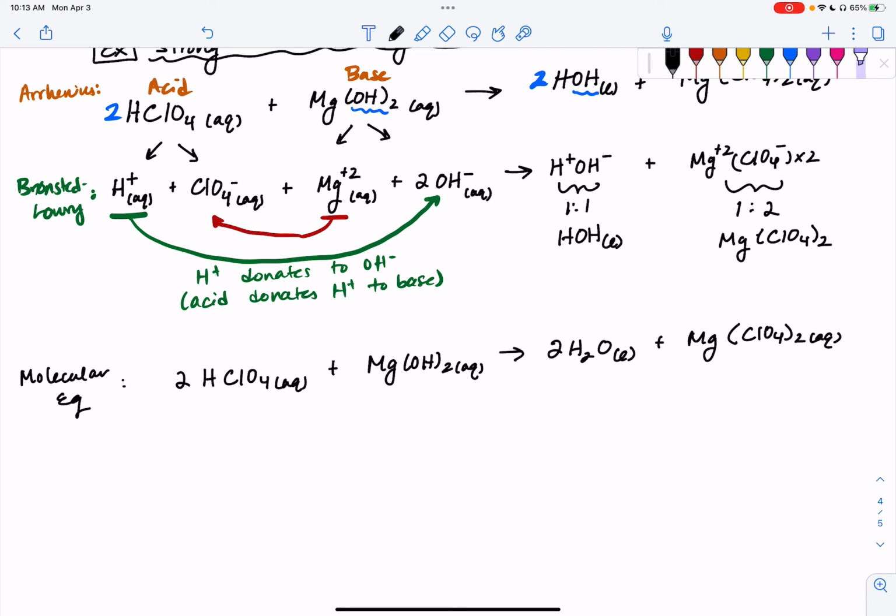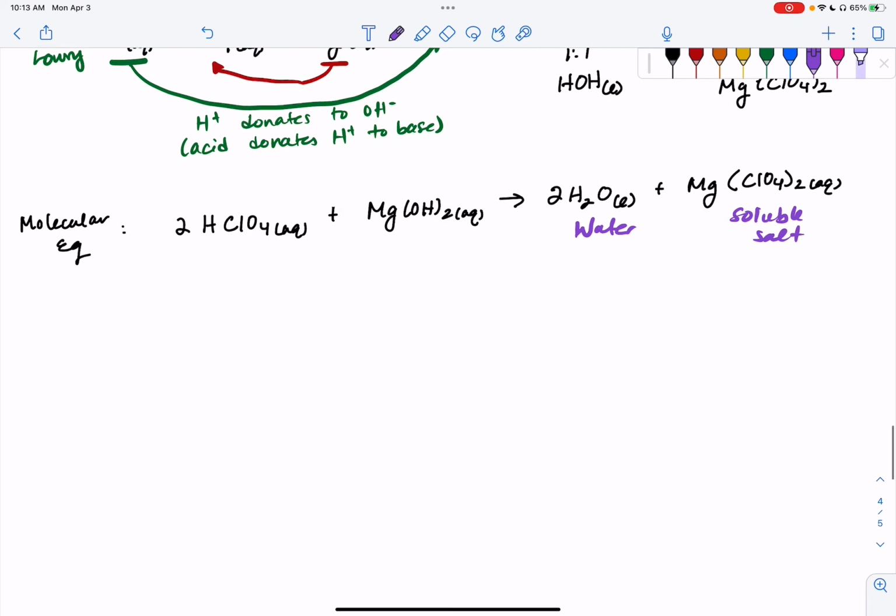And we know this is a neutralization because we've created liquid water and some kind of soluble salt. That is our molecular equation.